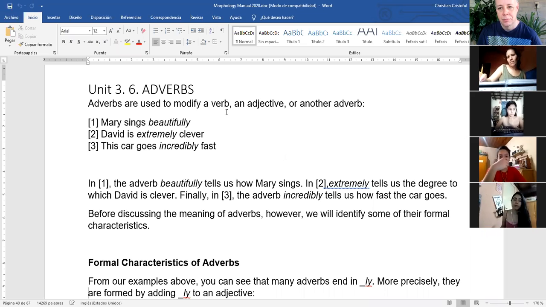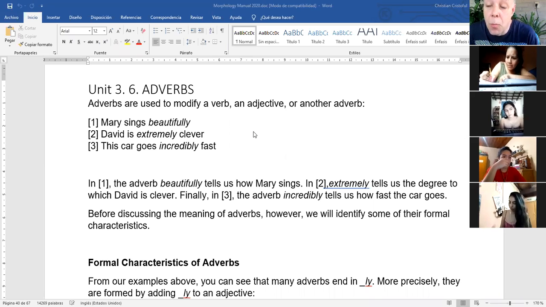Okay. What are adverbs, or what do we call adverbs? Adverbs are words, and these words modify either adjectives or other adverbs, or verbs. So there are three other categories that these adverbs modify.